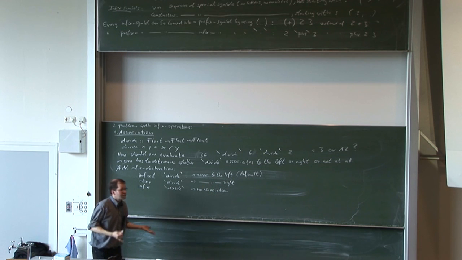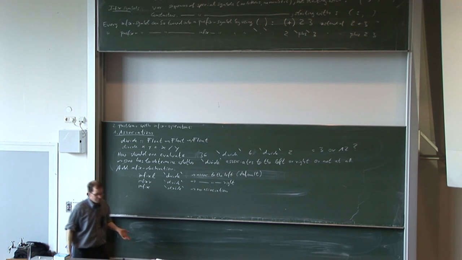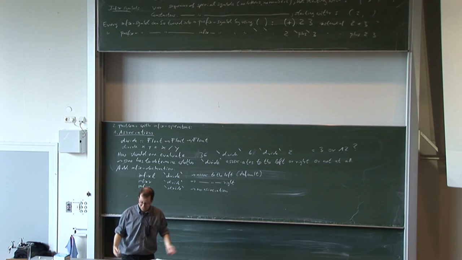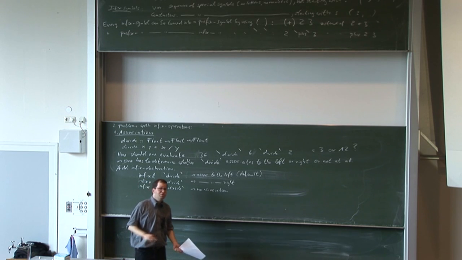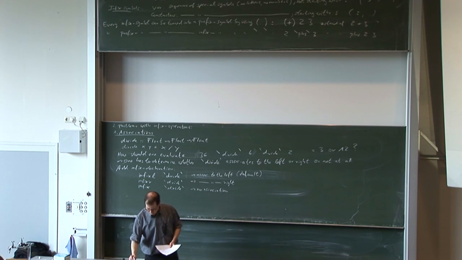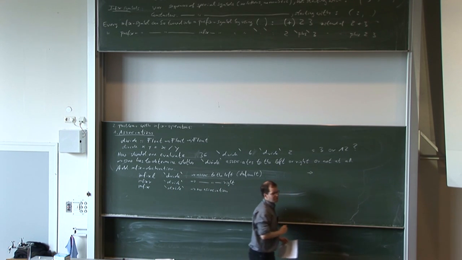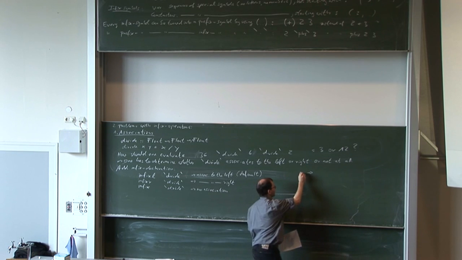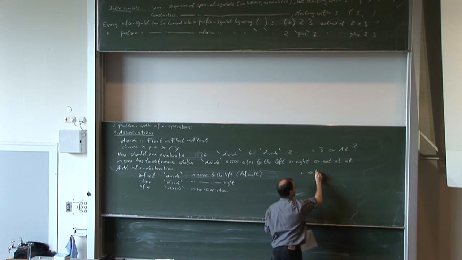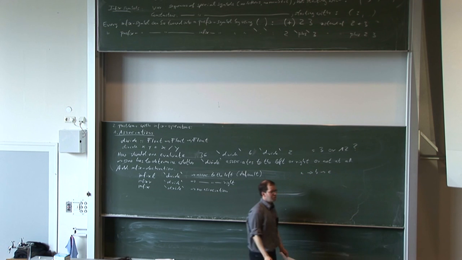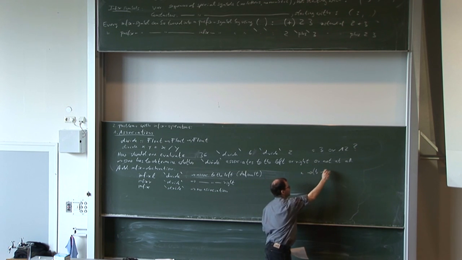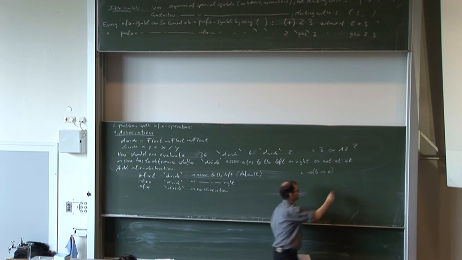And, well, we had already some examples. So, for plus and for times, it doesn't matter whether you associate to the left or to the right because the result will be the same. But we had, for example, something like this function constructor, something like the function from A to B to C. This is considered to be the same as A to (B to C). So this associates to the right.